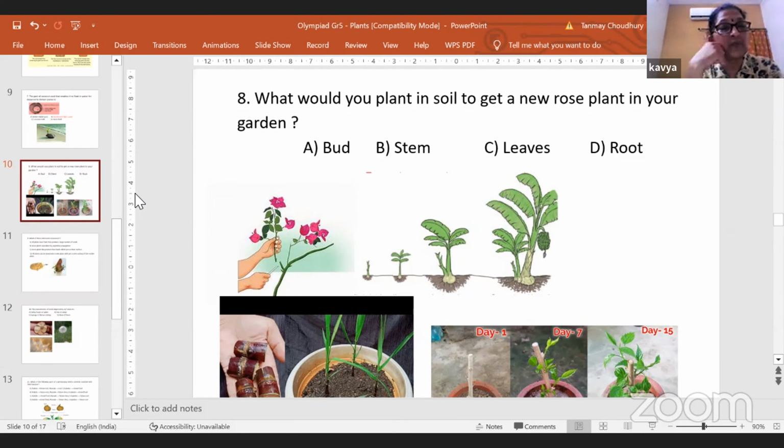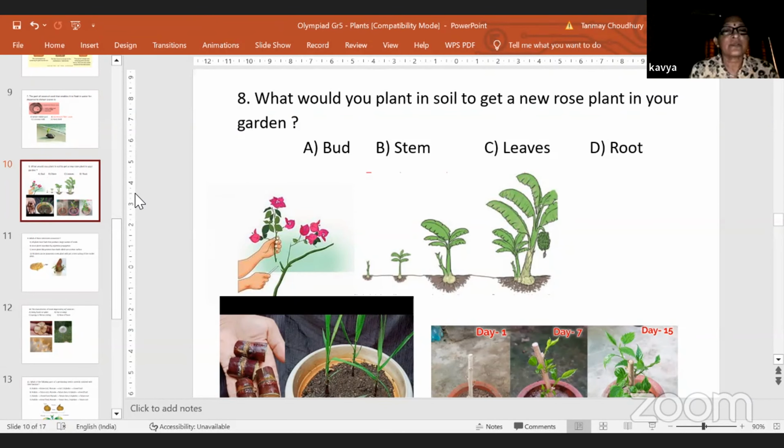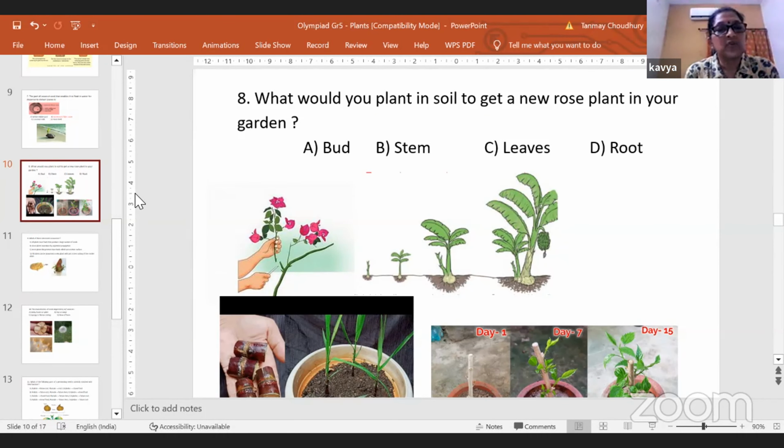Okay. So these are the reproductive parts. So tomato and say papaya, mango and brinjal, ladyfinger, they are all fruits.